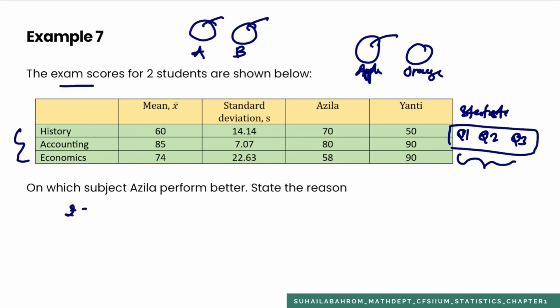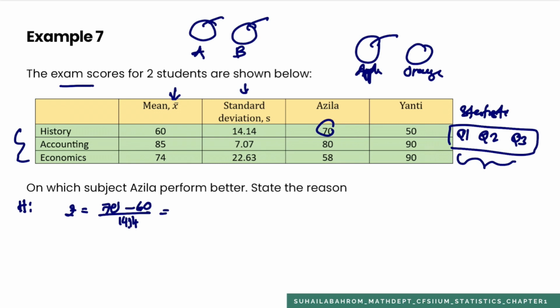We have to calculate the Z-score for each subject. Let's say the first one, we calculate for history. Z is equivalent to the mark, 70, minus the mean, which has already been calculated for you, 60, divided by the standard deviation, which is 14.14.